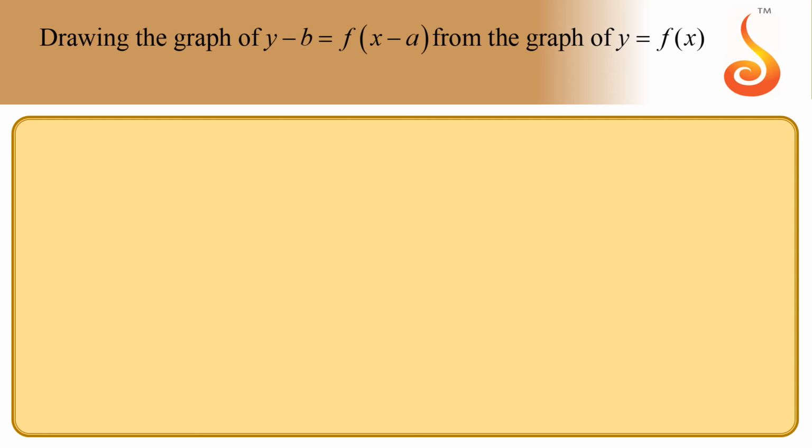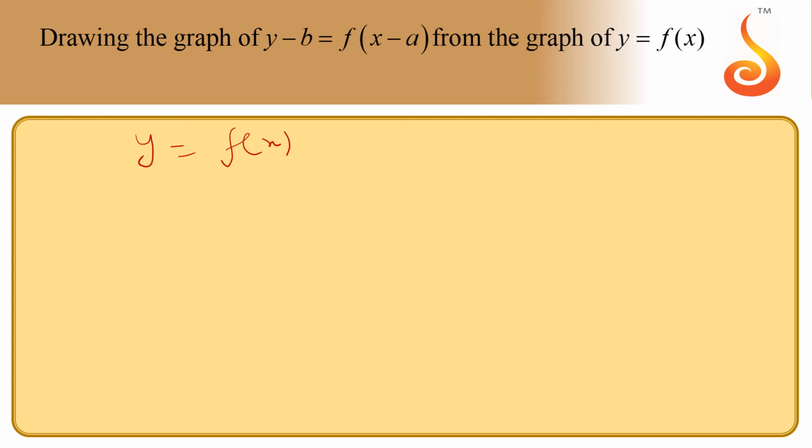Now how to draw the graph of y minus b equals f of x minus a when y equals f of x is known. If you observe, it's just like shifting the origin to (a, b).